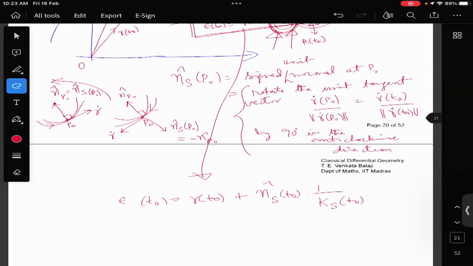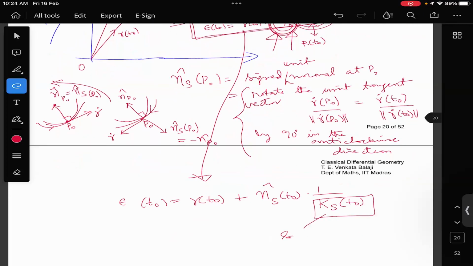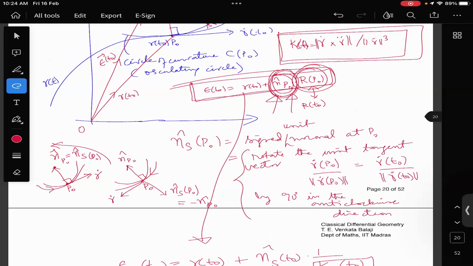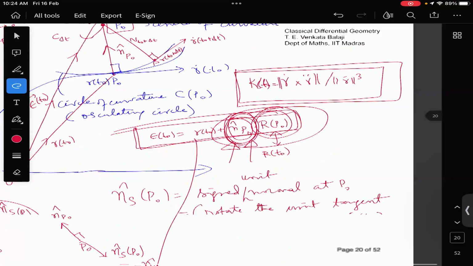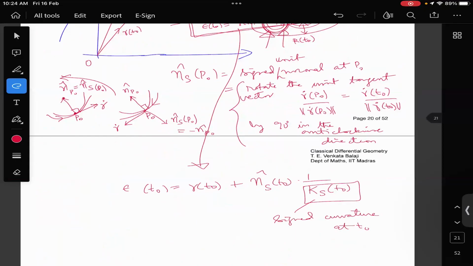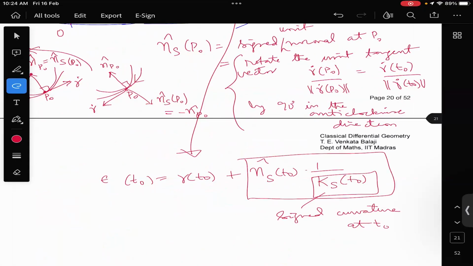So this is the big deal. This is the signed curvature at t naught. So in this geometric expression where I had the geometric normal and the radius of curvature, I have tinkered with it and made it into an expression that will work for all cases, where this is the analytic signed unit normal.